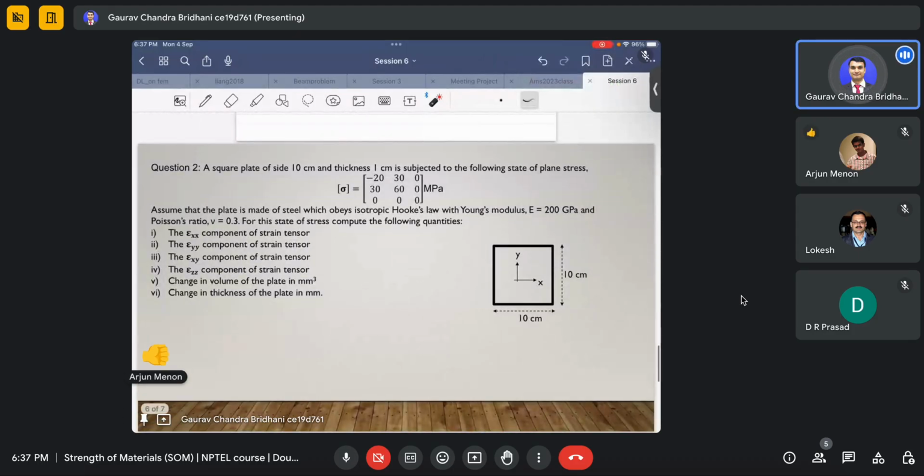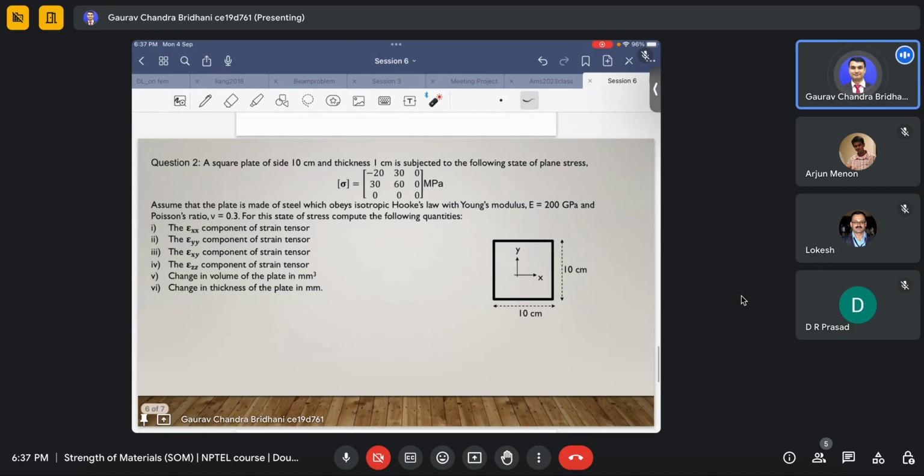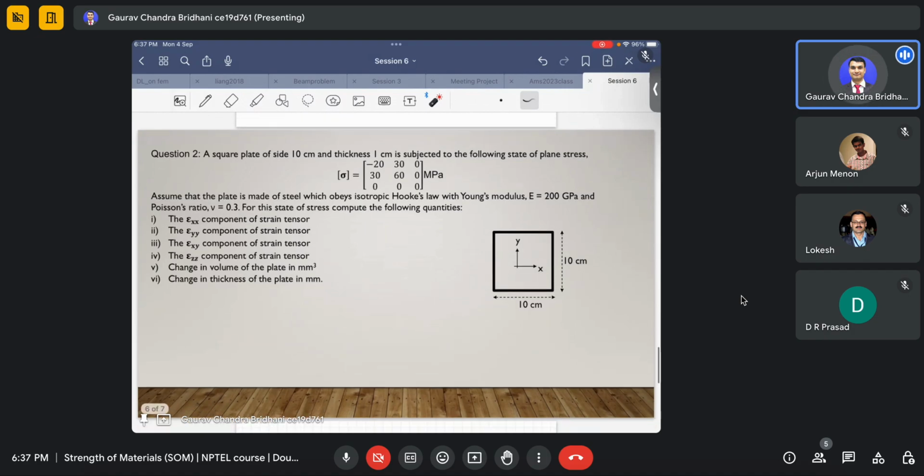Is it visible now? Yeah, okay, thank you. We'll use this stress tensor to solve this problem, and this is the other way around. The first problem was that a strain was given and we were asked to find the stress. In this, stress is given, and let's see how we find the strain, and then how we find the different changes.